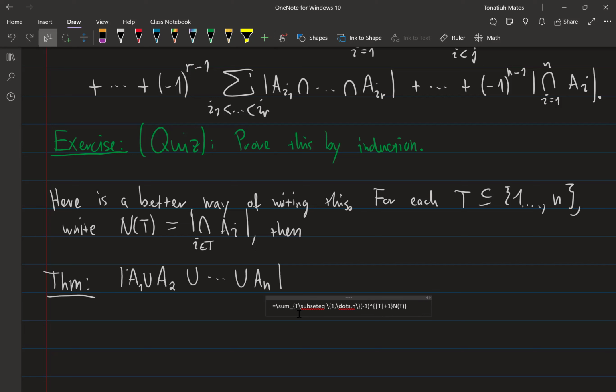Since my pen decided to stop working, maybe there's a way for me to compile this. Let's see if I can find it online. Okay, how about Overleaf?